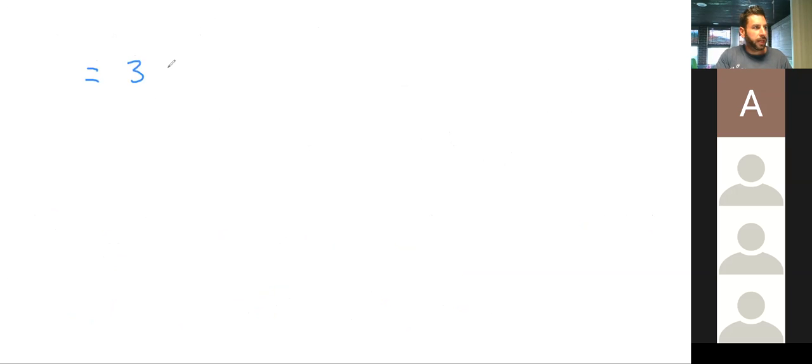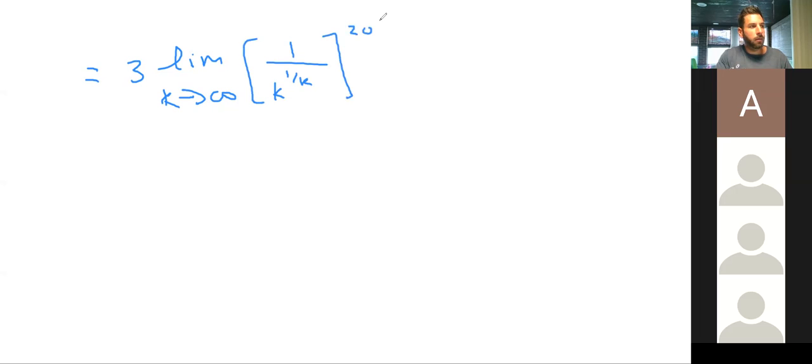I want to pull the 3 out front. I can do that. So what I really have is 1 divided by the following: k to the 1 over k power, and this is all to the 20th power.